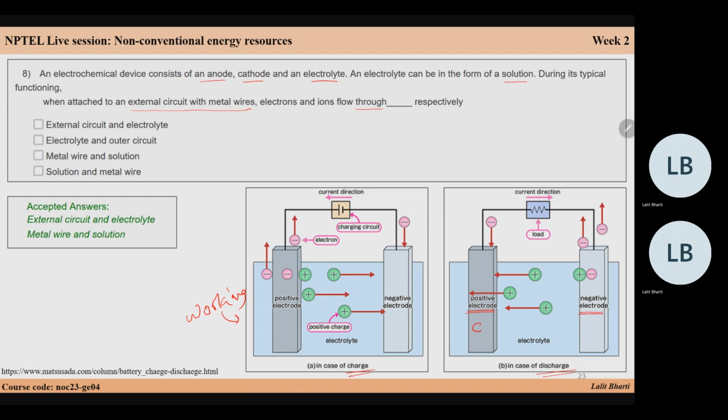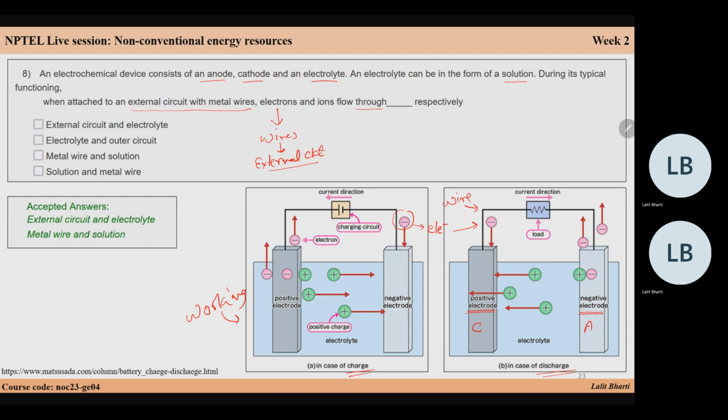This is a negative electrode, or an anode. These are the wires. These are the flowing electrons. So here we can see the electrons are flowing through the wires or the external circuit.